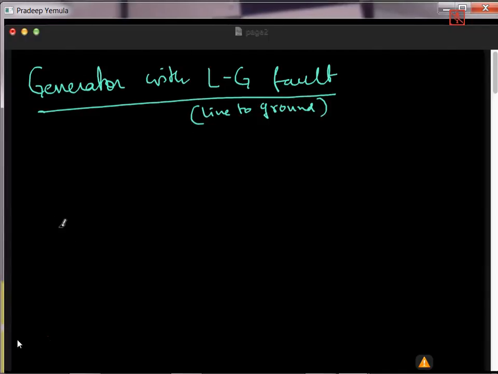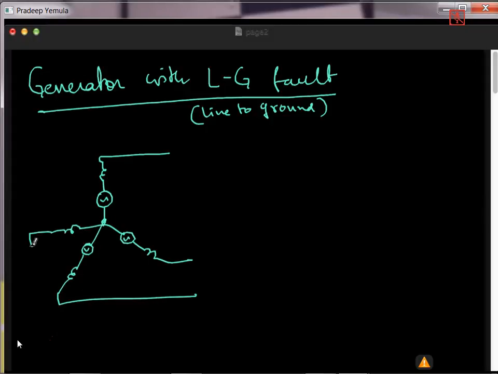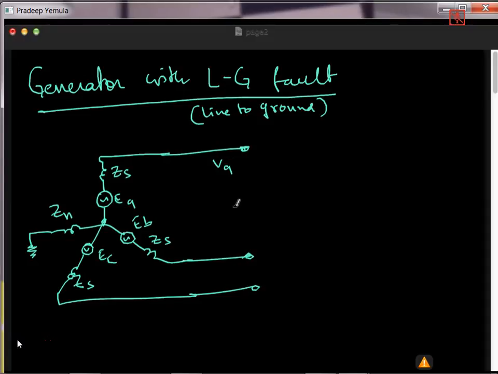The same network you will be considering: you have a generator impedance, then this is connected through Zn, with EA, EB, EC and VA, VB, VC. All this goes to the zero node.